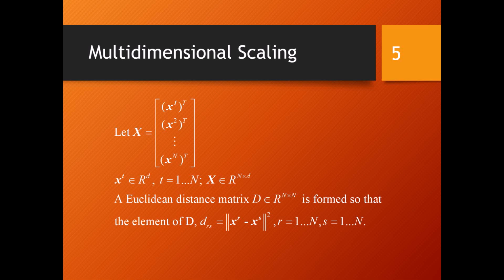Remember, if I give you 200 data, then you should have this is 1, 2, 3, up to 200. And this is 1, 2, 3, up to 200.